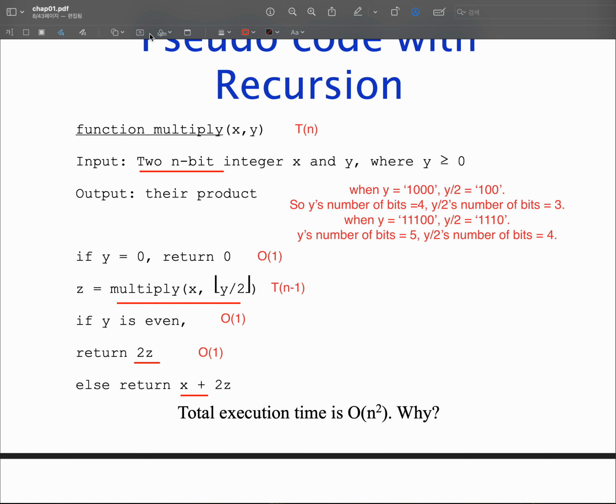And this is addition, so this is big O of n, okay? Because this is addition of 2 n-bit digit numbers, okay?